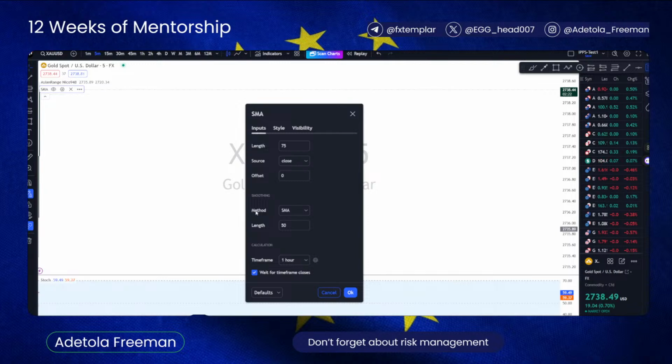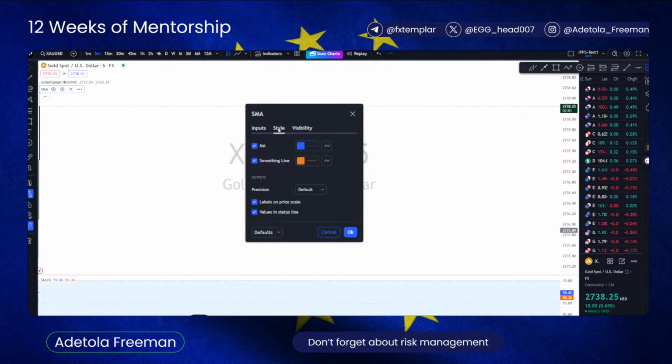For the smoothing, you want to apply it to SMA, length 50. The working time frame is the 1 hour time frame, which is the time frame you want to use for your analysis. Based on that, you ensure that this is ticked: wait for time frame closes. Then you come over to style, tick the MA, and tick the smoothing line.